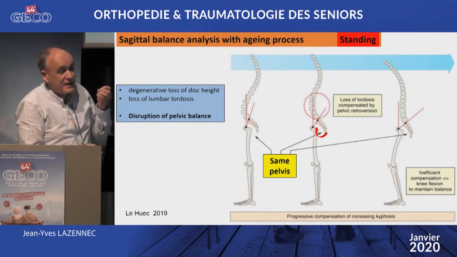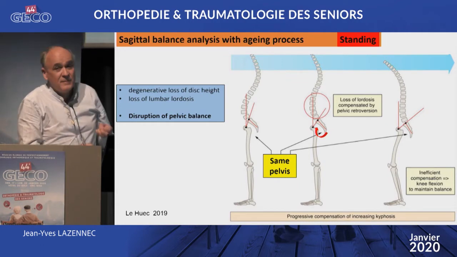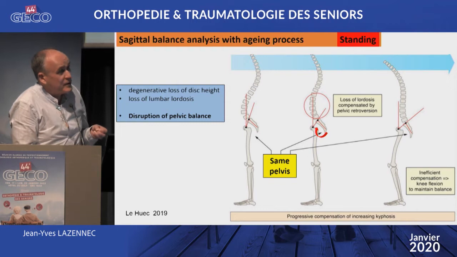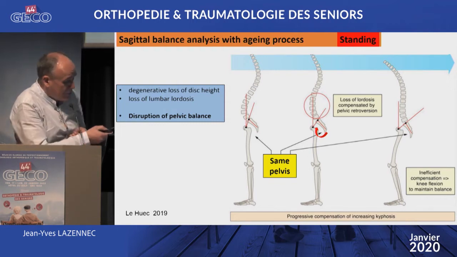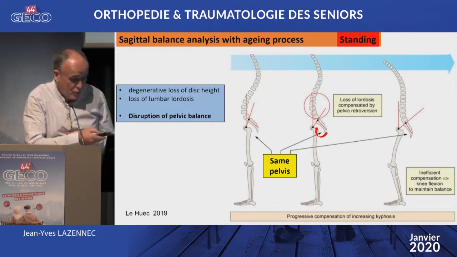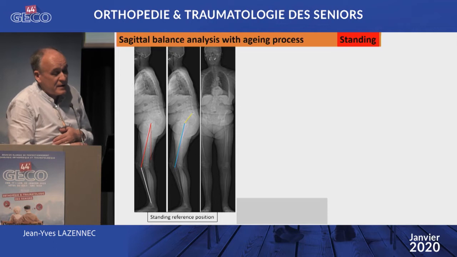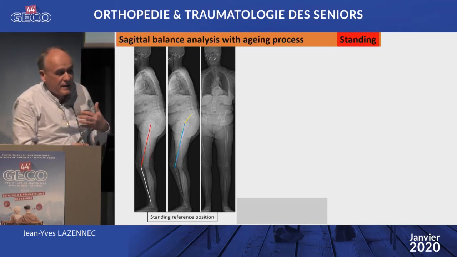And that's a problem with our aged patients because it's not a spine disease as such. It is the disease also of the lower limbs, because in these patients, you can have either a knee implant or a hip implant. So how do we analyze these situations?